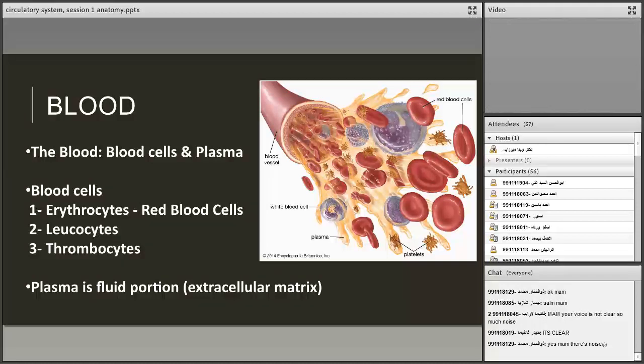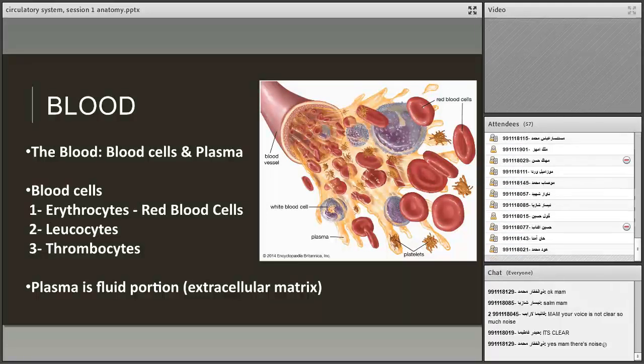The cells are the blood cells which are present in the blood, and the extracellular matrix is the plasma. Okay? The extracellular matrix is the plasma.